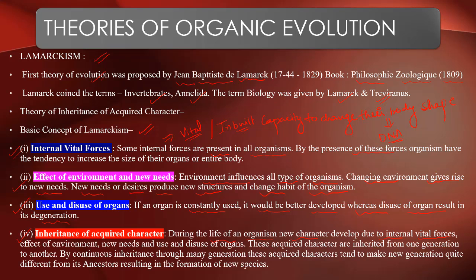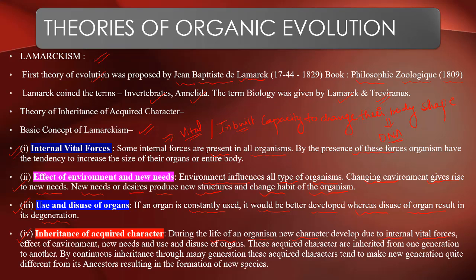Although the Lamarckian proposal was not entirely right, there are many drawbacks. The first drawback I want you to focus on is that it is mentioned that acquired characters are inherited. But when we study the principles of inheritance and genetics, we will come to know that acquired characters may be inherited or may not.